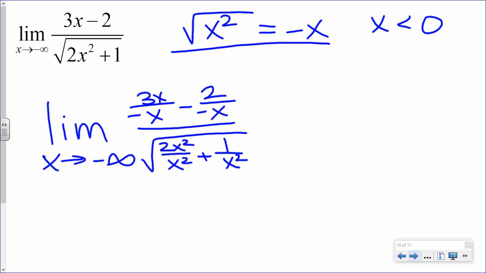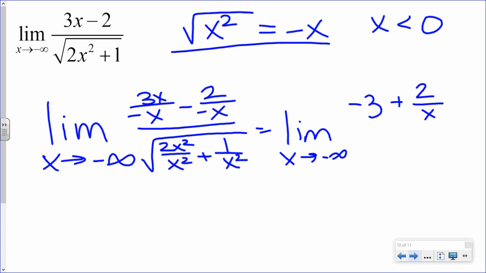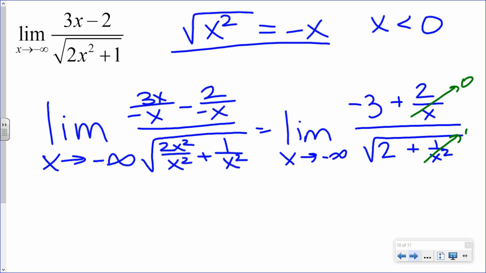The only thing that's going to change is that we get the same work, except what happens to our limit?